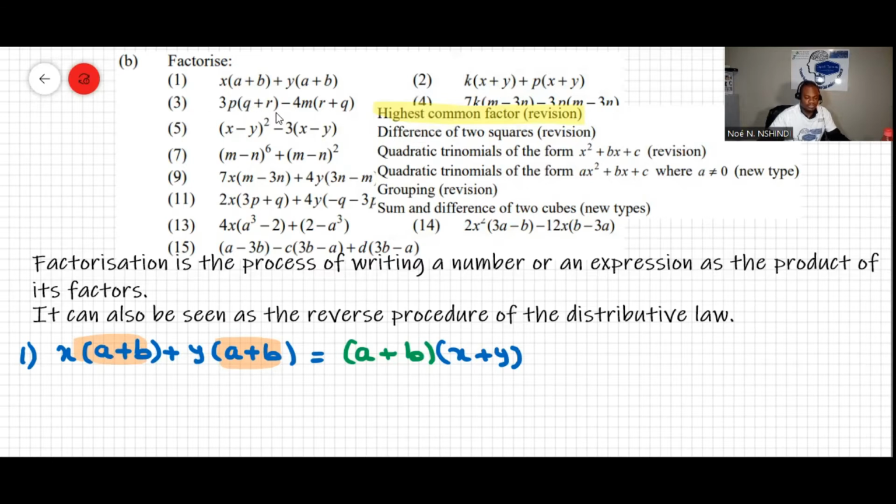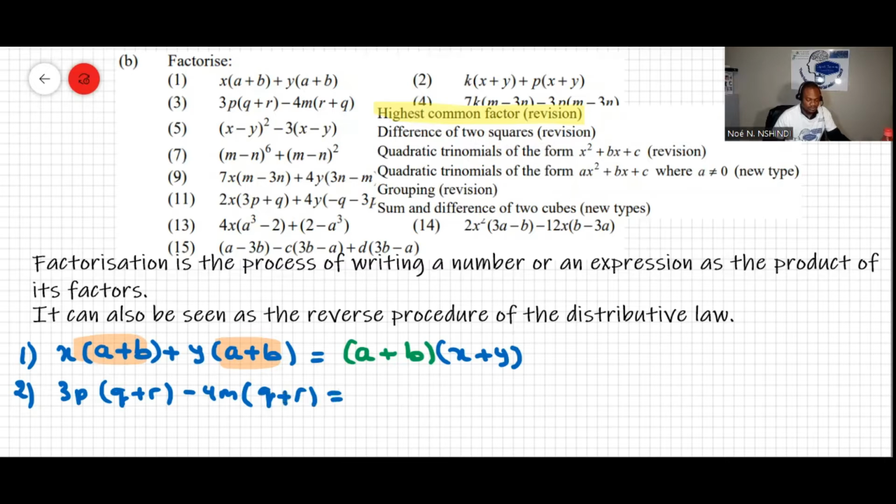Now question 3 says 3p open bracket q plus r minus 4m open bracket r plus q. Right here, 3p open bracket q plus r minus 4m open bracket q plus r.